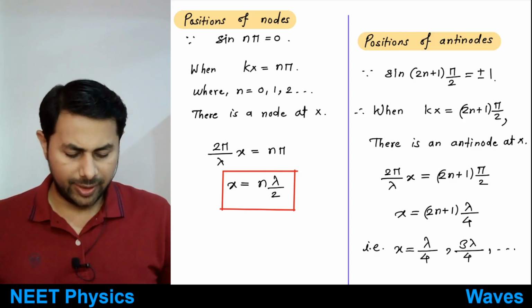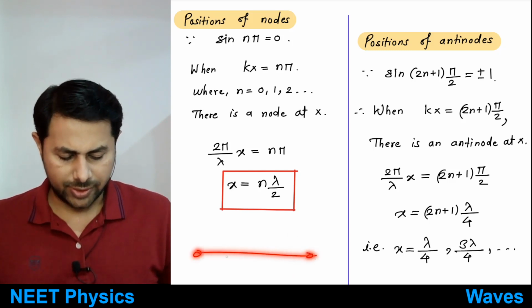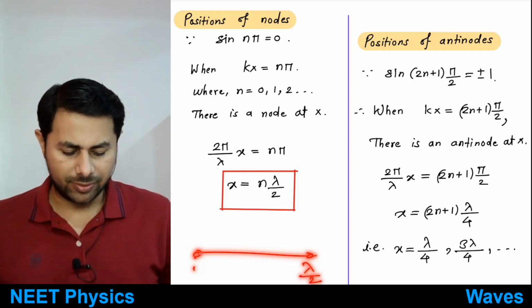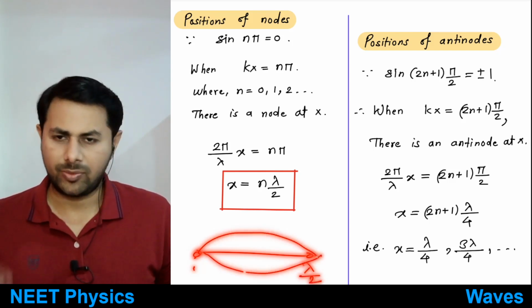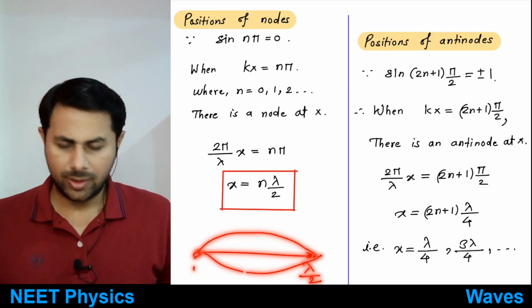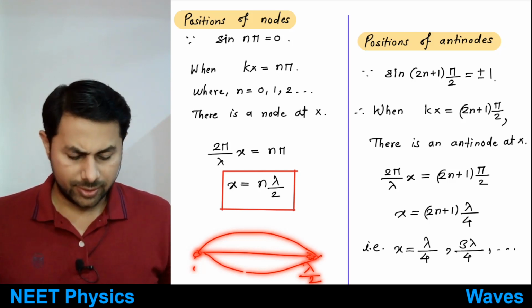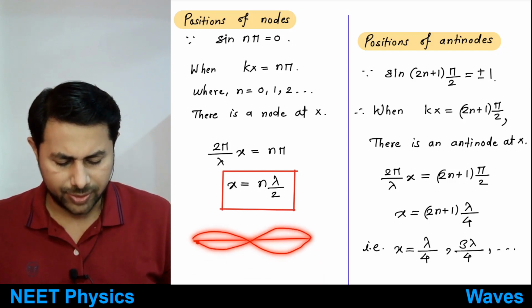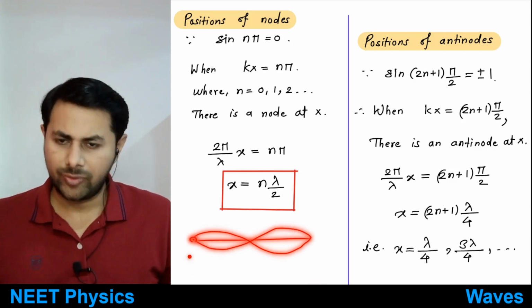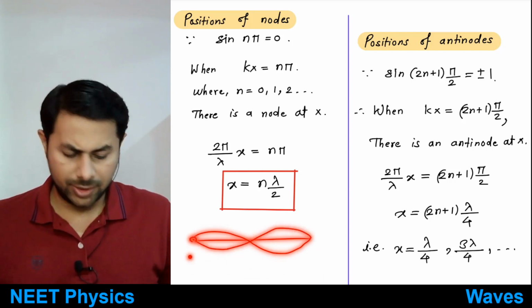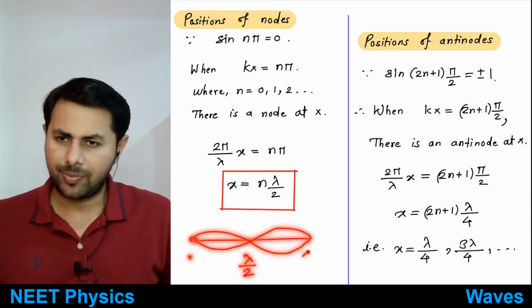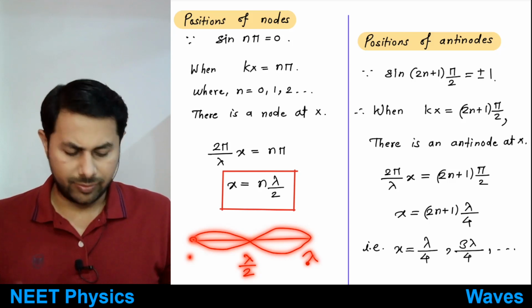So what does it mean? If there are only two nodes, the first node is formed at 0, the second at lambda by 2. So the string will oscillate like this, forming one loop. If there is one extra node, the string will oscillate like this, forming two loops. So the first node is formed at 0, the second node at lambda by 2, the third node at 2 times lambda by 2, which means lambda.